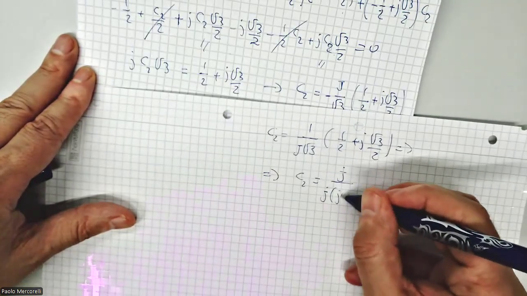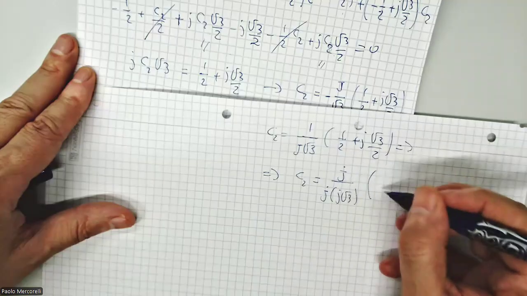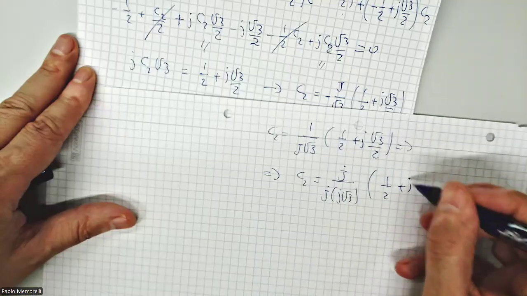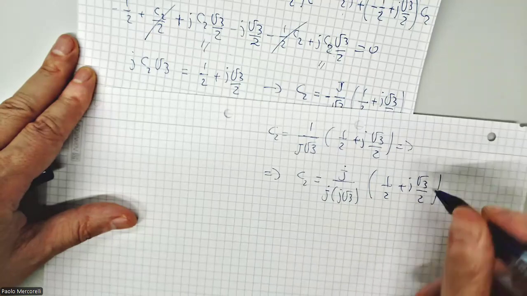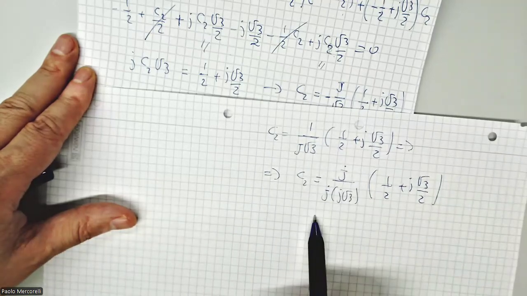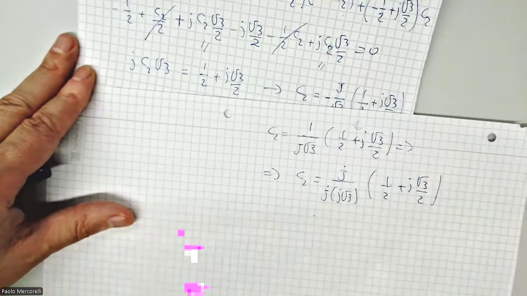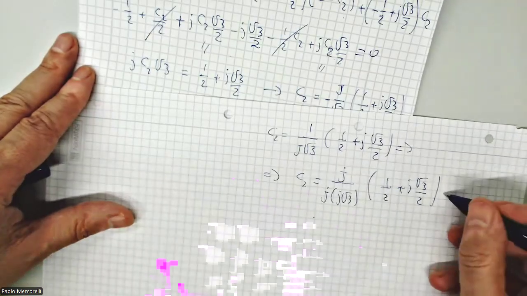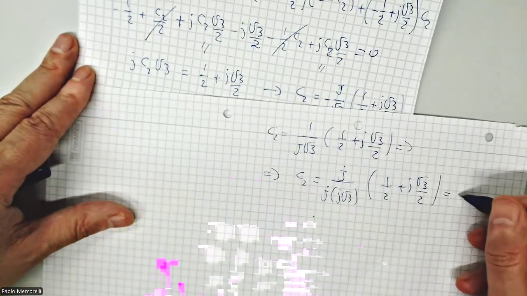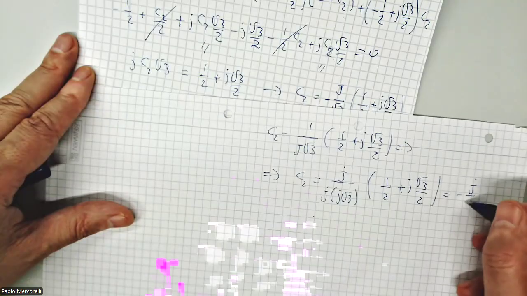If now I multiply by j divided by j, this means I multiply by 1, but in a clever form, and I will obtain exactly what I told you before.